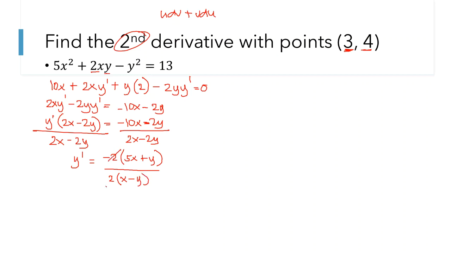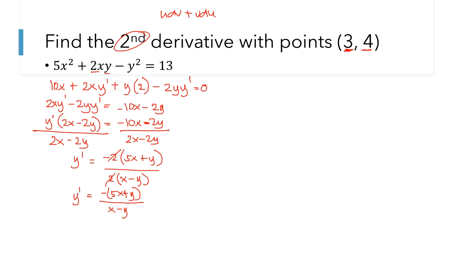Can cancel 2. So meaning to say our y prime is negative 5x plus y all over x minus y. Okay, so we can already find our second derivative from this one.